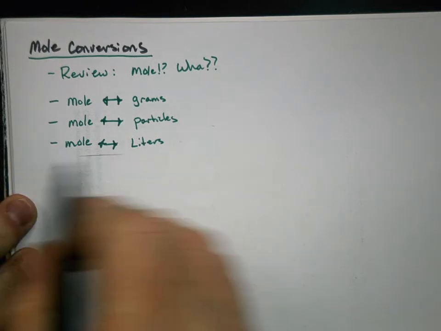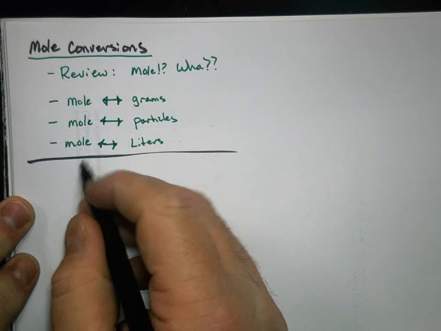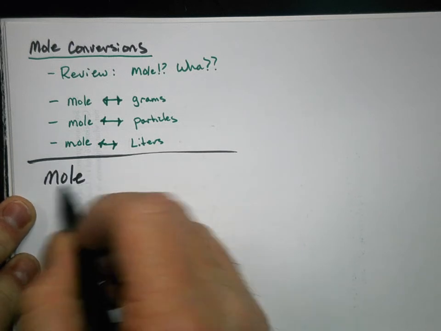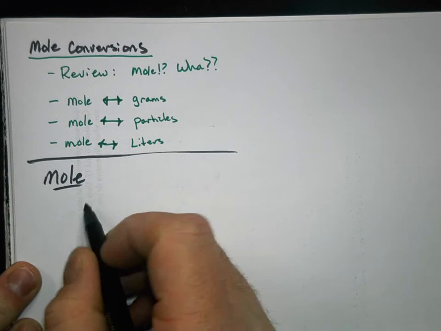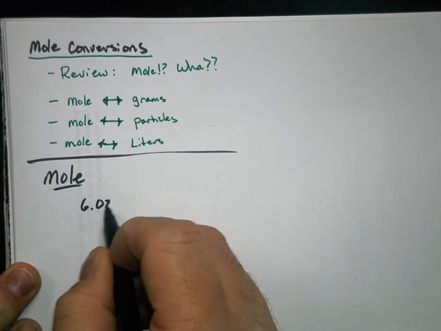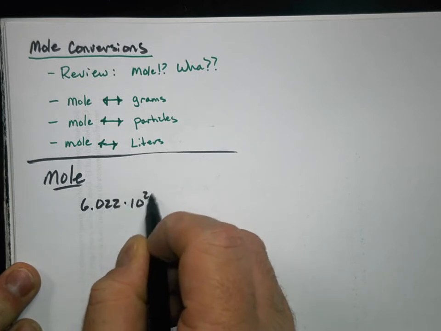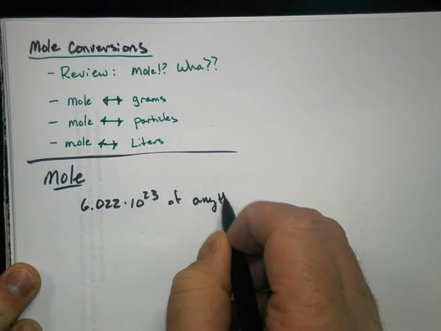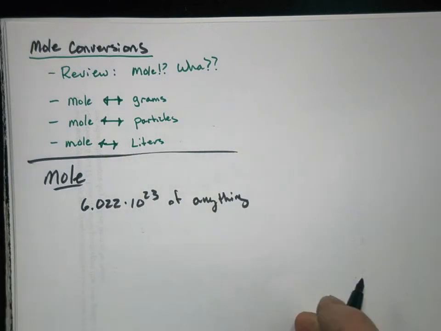Okay, what is a mole? The mole is 6.022 times 10 to the 23rd of anything.